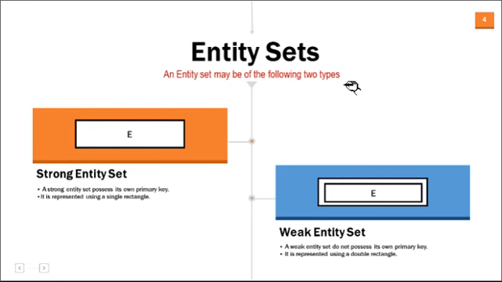Next, we have types of entity. We have a strong entity set and a weak entity set. If a particular entity has an attribute that can uniquely identify an entity, then I will say it is a strong entity.